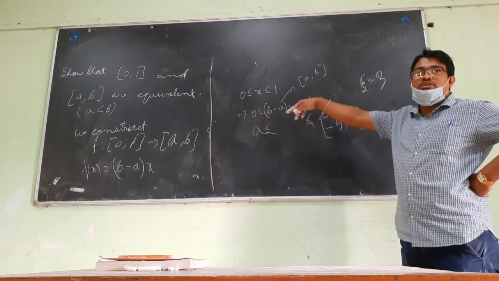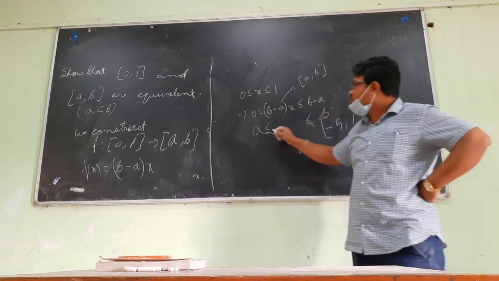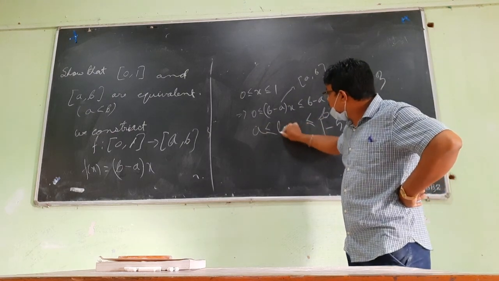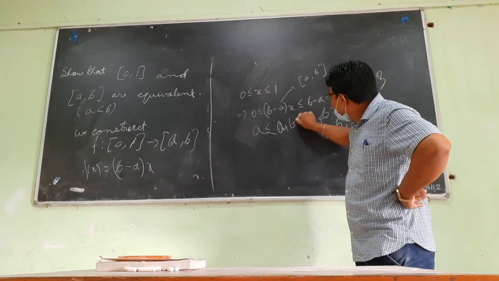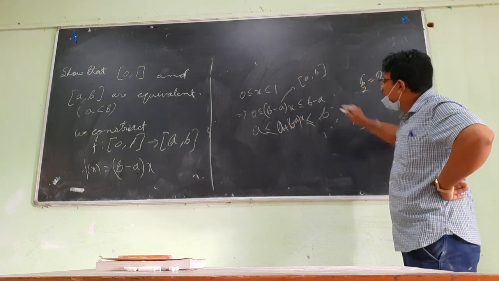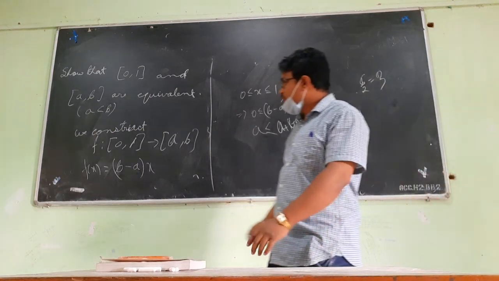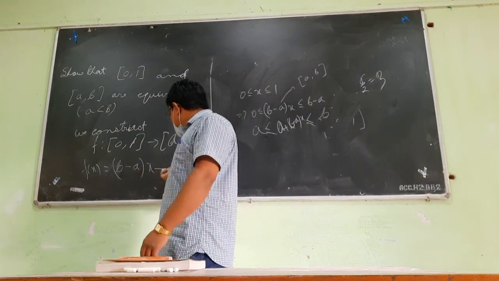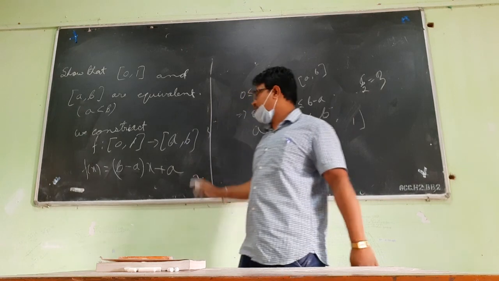Adding a on all sides. So a plus 0 is less than or equal to a plus (b minus a) x, which is less than or equal to b minus a plus a, so this is b. So your function should be f(x) equal to (b minus a) x plus a.